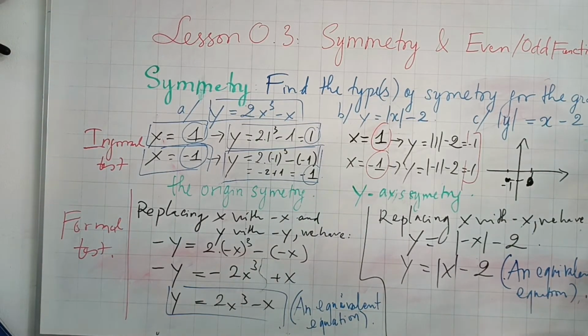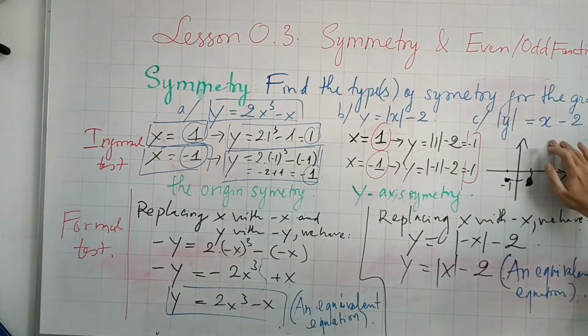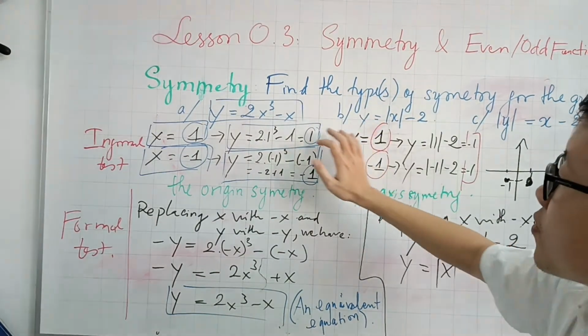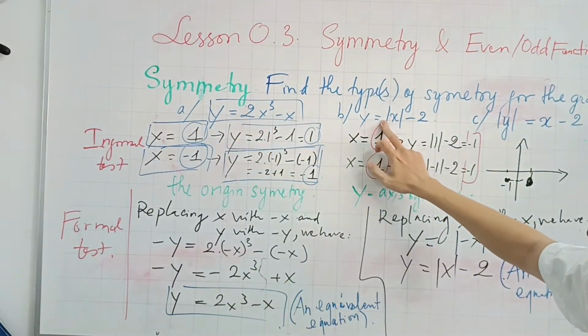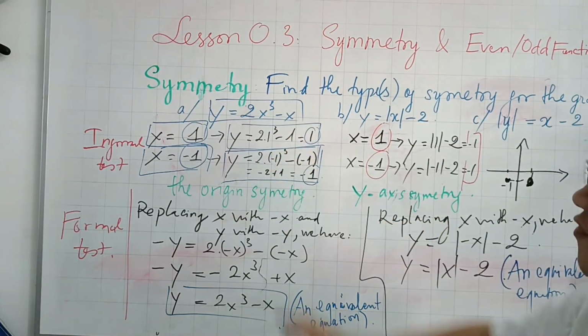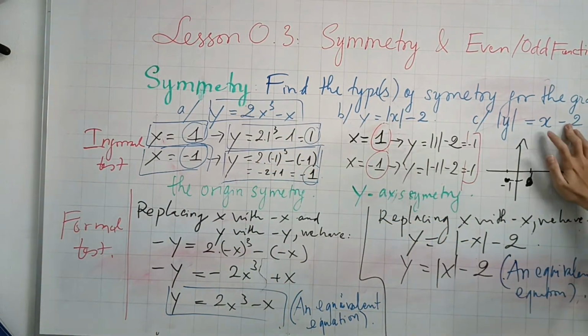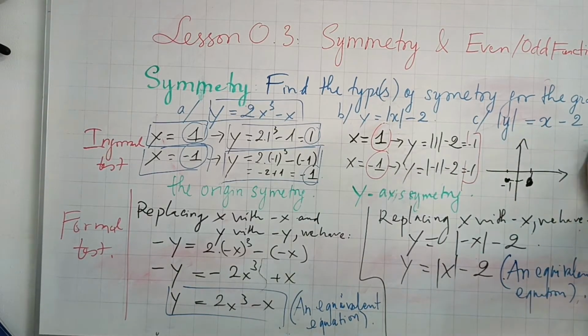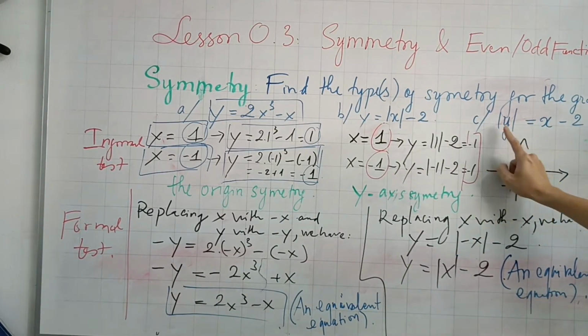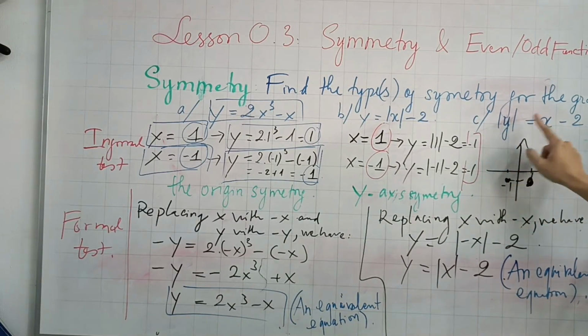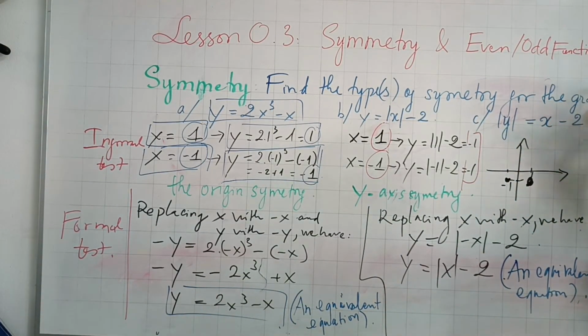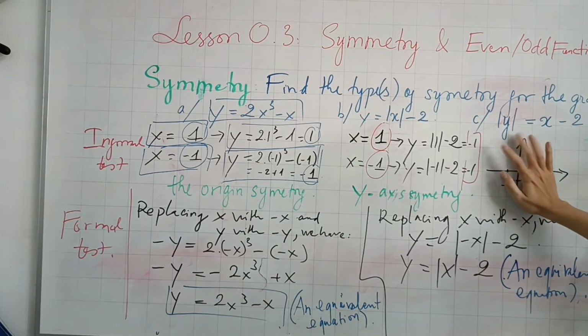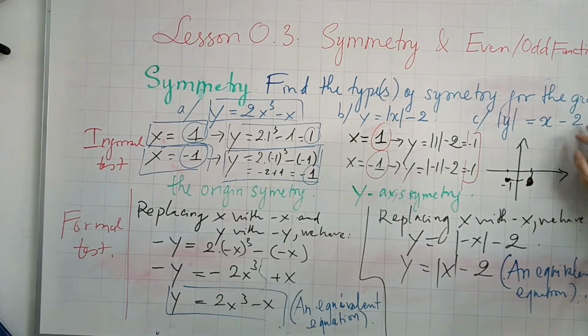Yeah, that is questions A and B. In question C, in A and B we have y equals, so we work with the x variable. But in question C, we see that we have absolute of y and x is independent. So we work with the y variable, not the x variable.